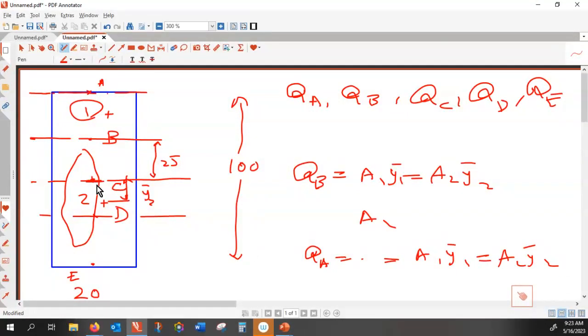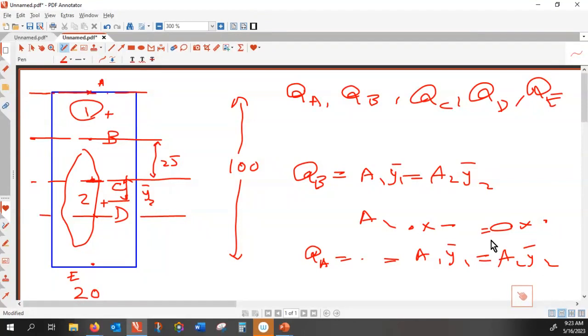Y2 is the centroid of the piece measured from the neutral plane. It coincides, so the distance between them is 0. So the right one is 0 times something, and the left one is something times 0. All right? But it would be smarter if you pick the upper piece rather than the lower piece.